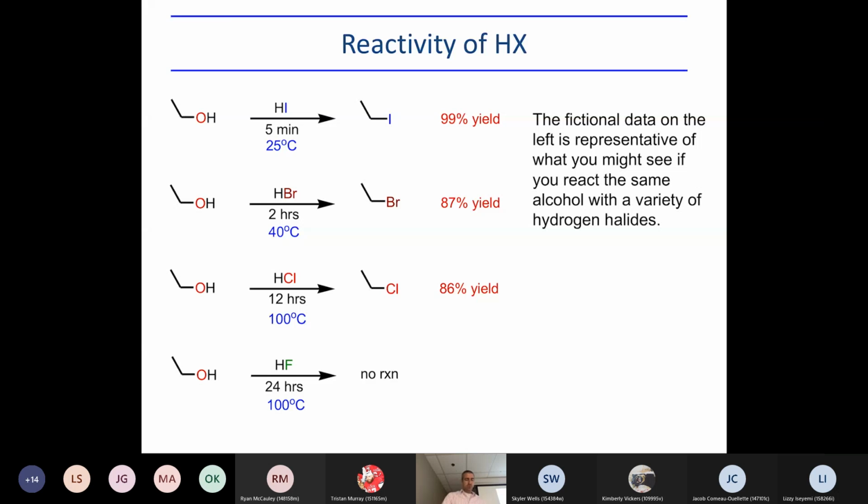This is what I mean when I say the reaction is faster. If you take an alcohol and react it with HI, the reaction might take just a couple of minutes at room temperature, and you get very high yields. If you then use a less strong acid, the reaction takes more time, or it might take a higher temperature, or it might produce a lower yield, or it might do all 3.